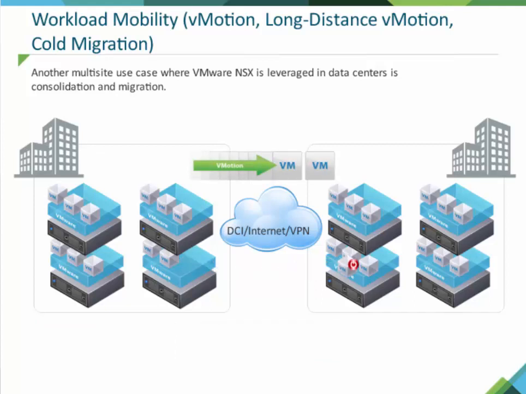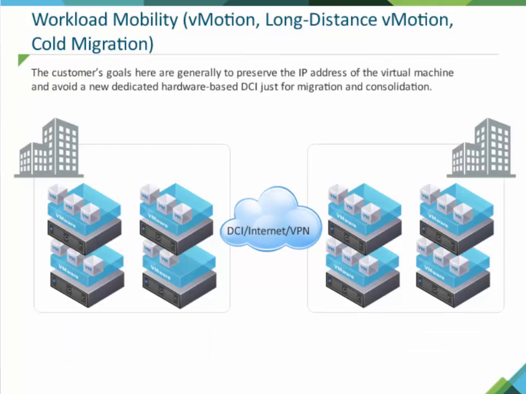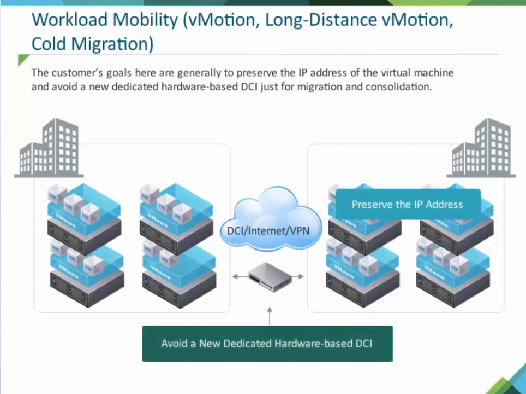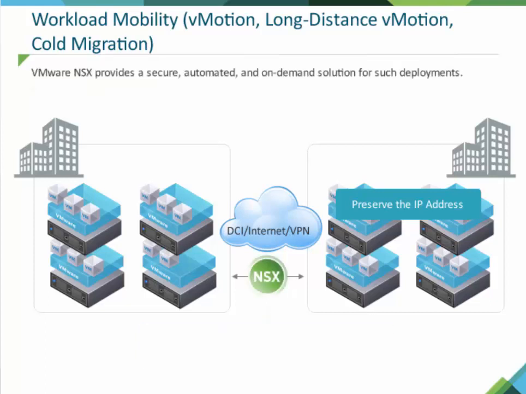This used to be cold migration, but with long-distance vMotion and cross vCenter vMotion, you can now perform hot migration of workloads. The customer's goals here are generally to preserve the IP address of the virtual machine and avoid a new dedicated hardware-based DCI just for migration and consolidation. VMware NSX provides a secure, automated, and on-demand solution for such deployments.